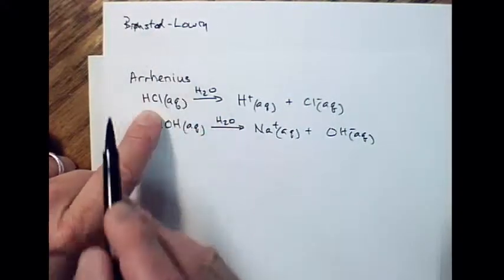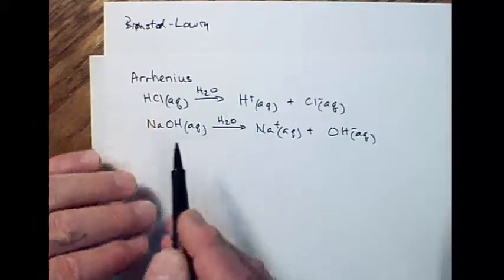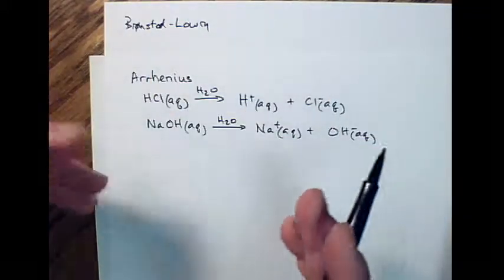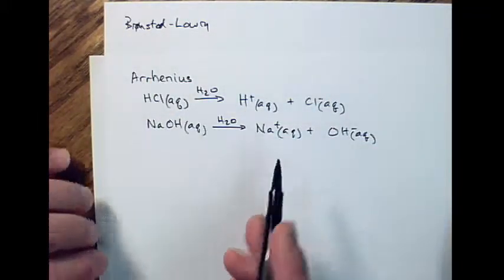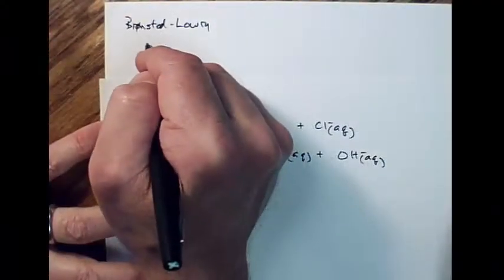In the Bronsted-Lowry concept, the hydrogen that leaves the acid doesn't just exist in this solution. It actually goes and joins up with something. So in a Bronsted-Lowry theory, the definition of an acid is a chemical species that donates a proton to another chemical species, forming a covalent bond. So let's look at it like this.